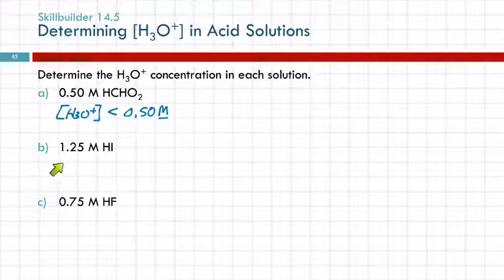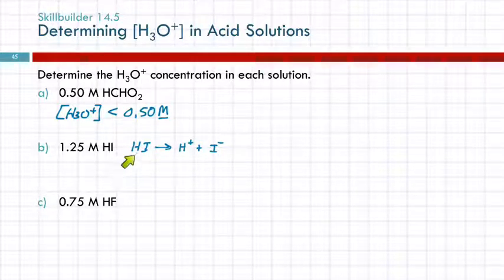What about this one, 1.25 molar HI? That's a strong acid. So that means that there are 1.25 moles of HI per liter of solution. They all ionize, right? Ionizes completely. So this goes completely to hydrogen ions plus iodide ions.